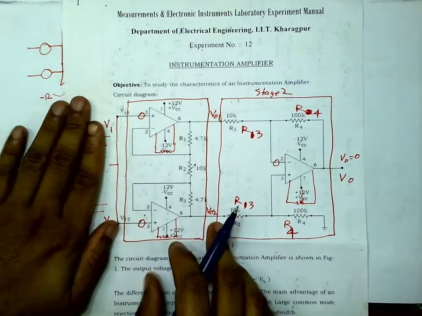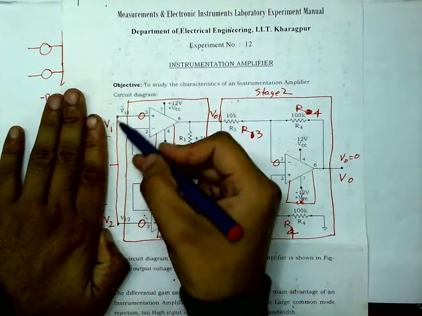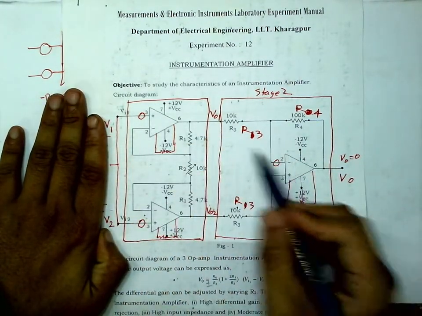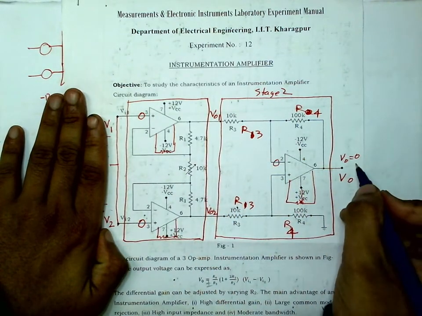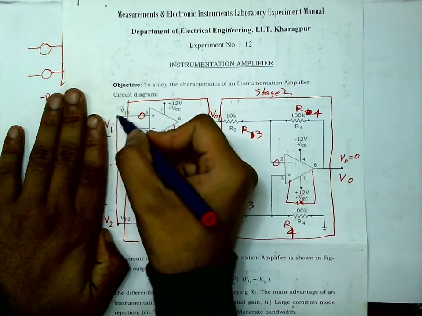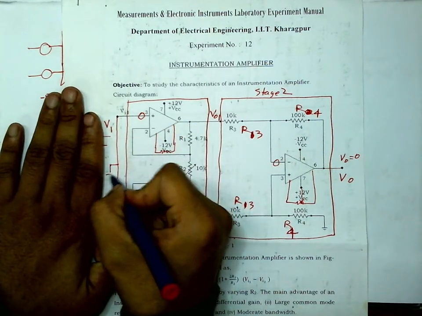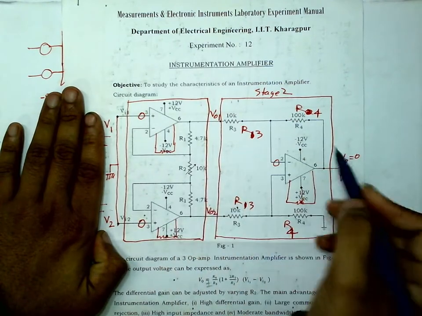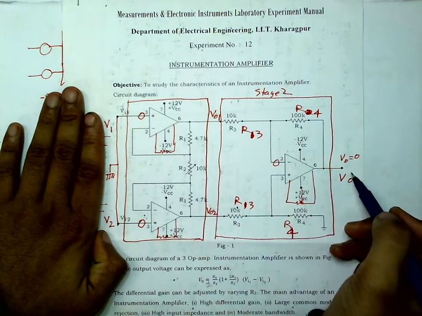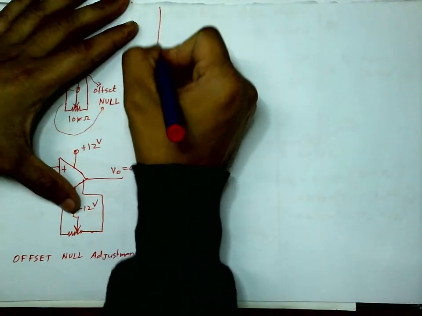Suppose you do this, that you short circuit these two terminals and adjust all these offset nulls so that VO becomes 0. So maybe at this instant you give 0 here, and you adjust all this so that the output becomes 0. So what you do?